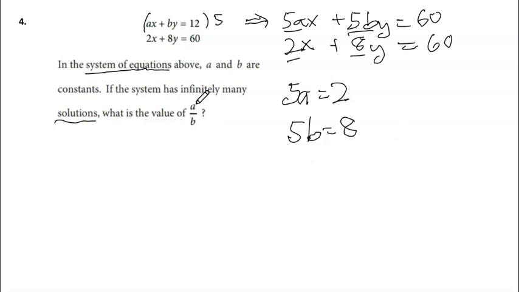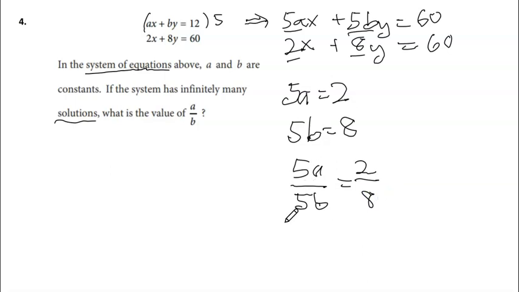And then they want me to find a over b. Nothing complicated. I take the left side and divide. So I say 5a over 5b is equal to, and then I divide the right-hand side, 2 over 8.